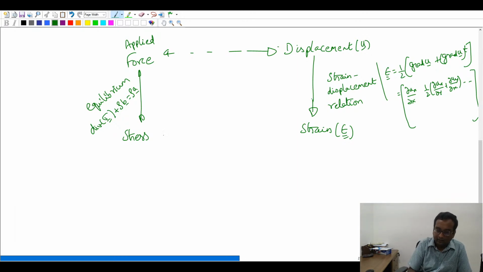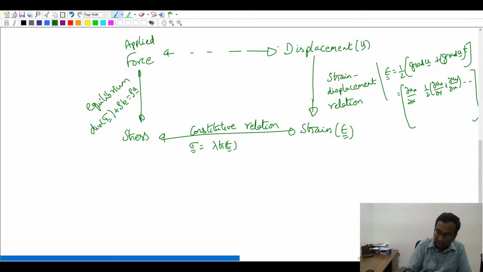Okay, and then we were relating these two through a constitutive relation, which in our course was lambda trace epsilon identity plus 2 mu epsilon, right?